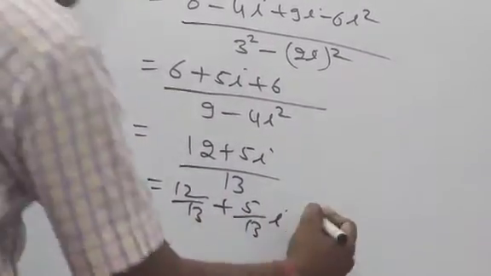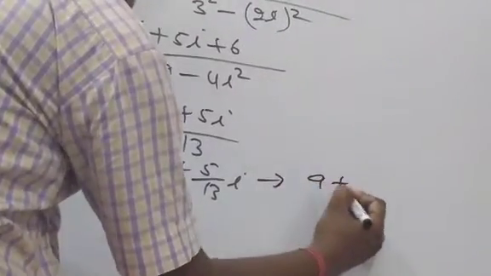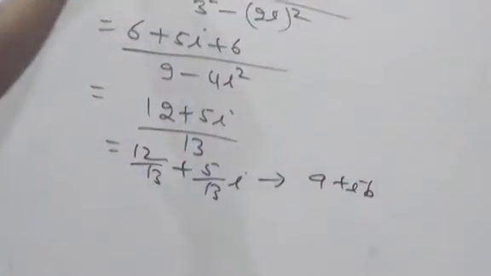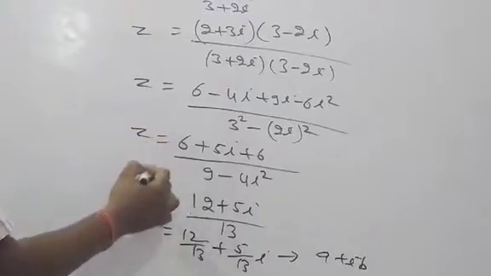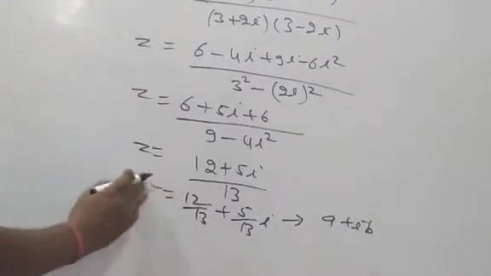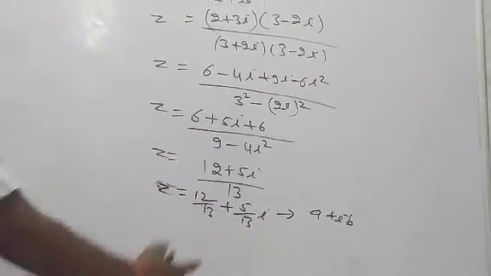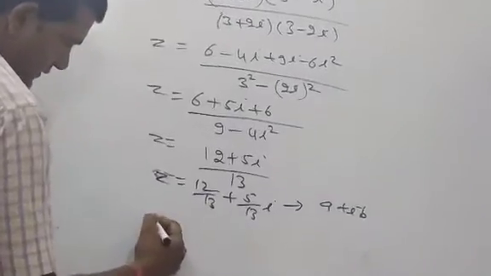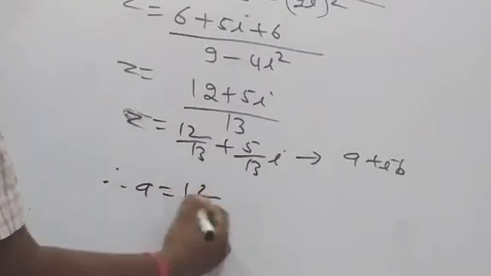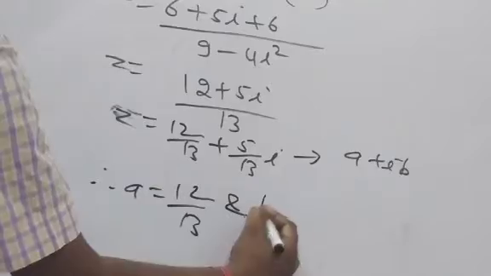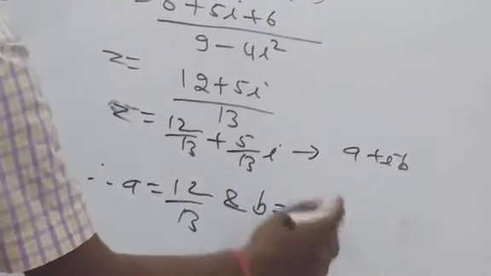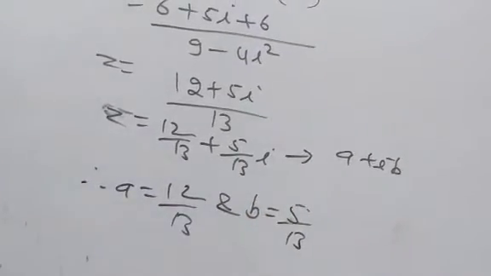Now comparing these equations to a plus ib form. Therefore, a is equal to what? 12 by 13 and b is equal to what? 5 by 13. Understood?